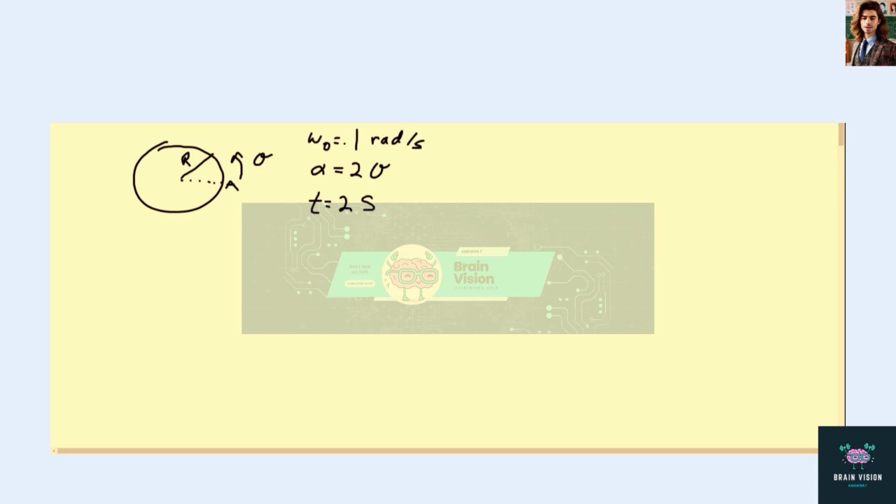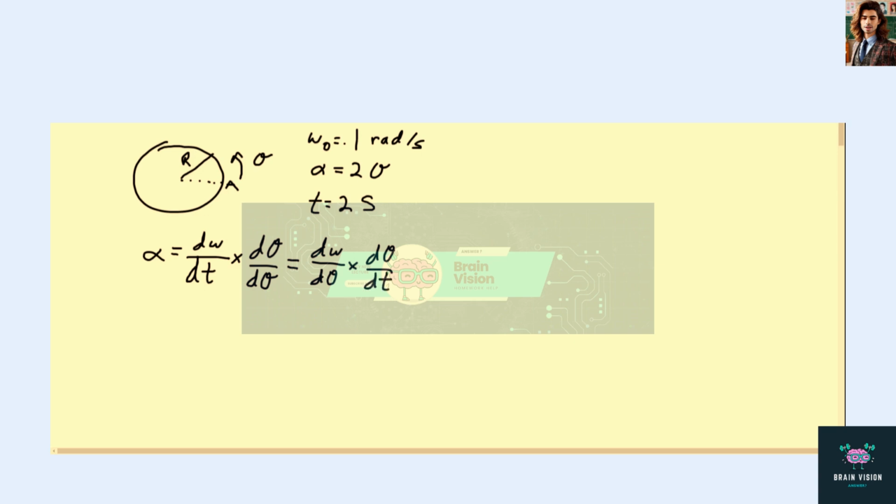So first, we note that our alpha was given to us in terms of theta and not time. So we know we can write alpha as the time derivative of omega. But of course, we can multiply that by d theta, and we can do a little bit of a trick here to rewrite this as d omega d theta times d theta dt.